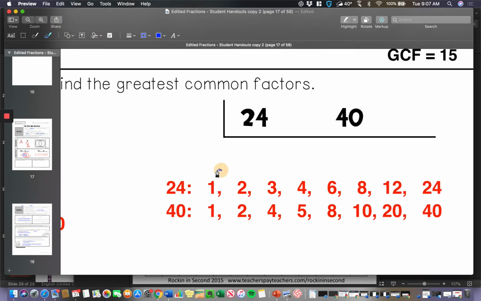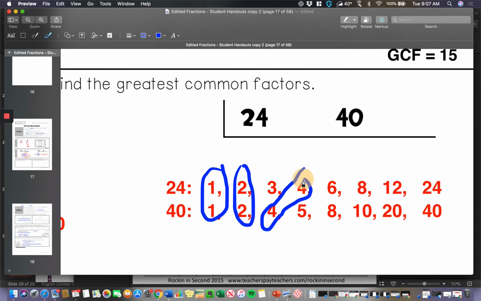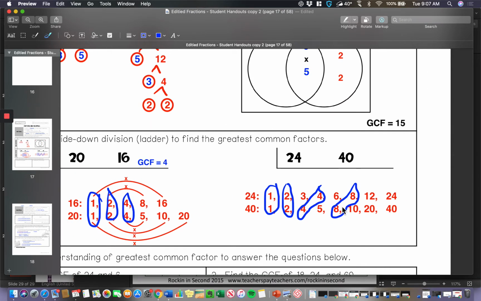I see that we have 1 in common, 2 in common, 4 in common, and 8 in common. After I'm done finding all my common numbers, I can see that 8 is the greatest number that 24 and 40 share. So my GCF, greatest common factor, is 8.